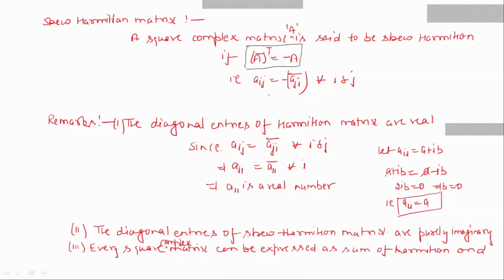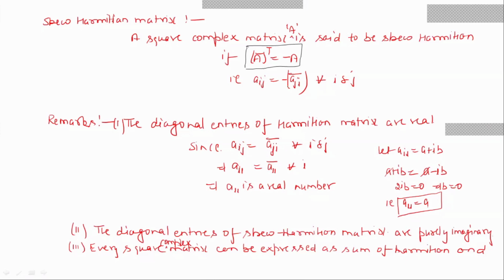Then what should the diagonal entries be? The diagonal entries of a skew Hermitian matrix should be purely imaginary, or 0.